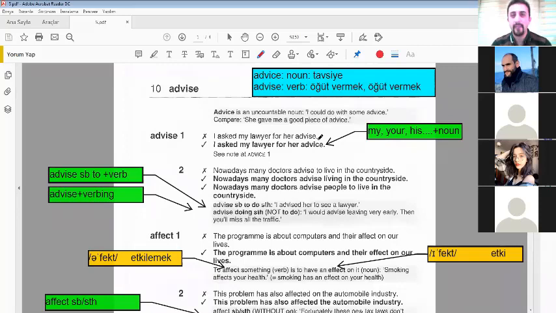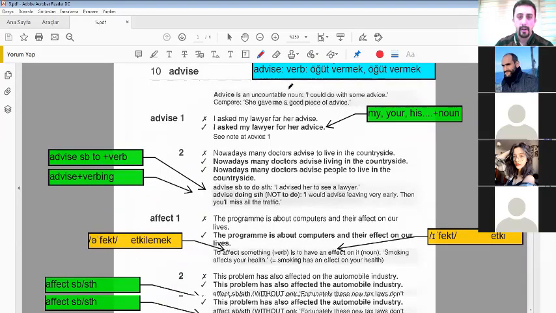So it's not that. Tavsiye etmek. First one is advice, noun. Second one is advise. So advice is noun, advise is verb.